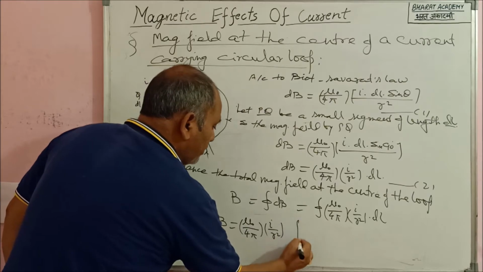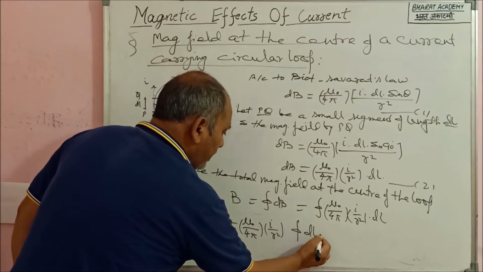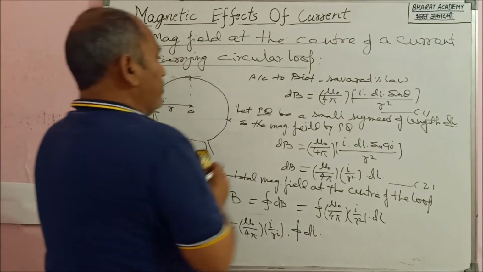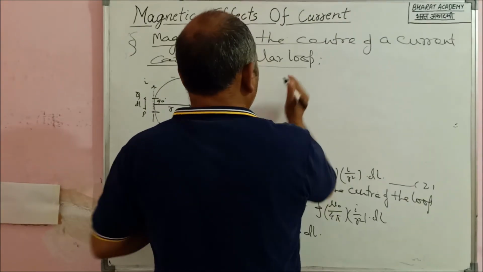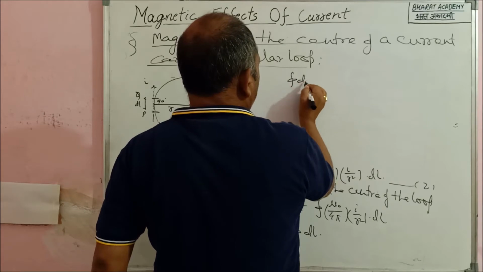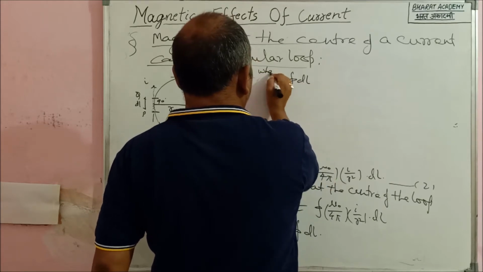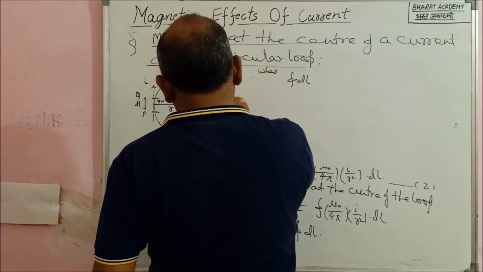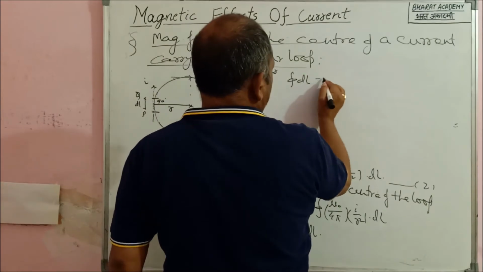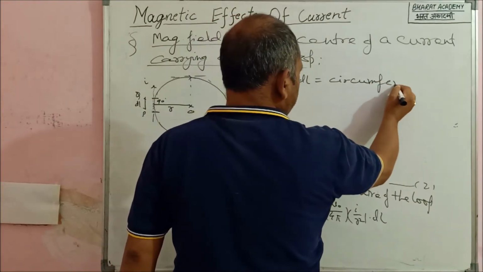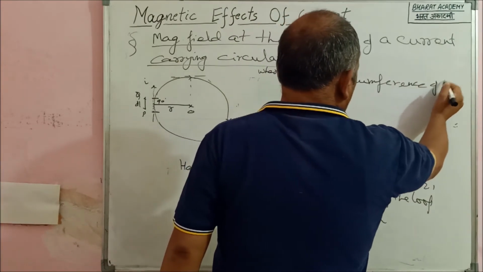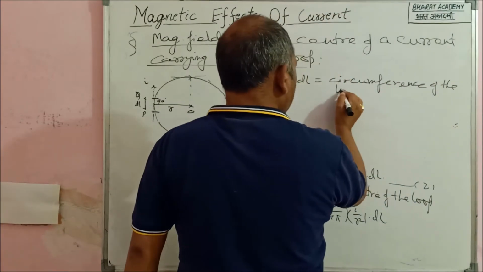We are left with closed integral of dl. So what is closed integral of dl? We will get the circumference. The line integral gives the circumference of the loop. The total length will be the circumference of the loop.